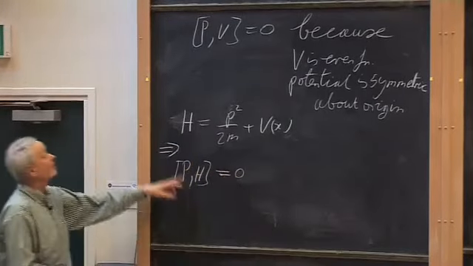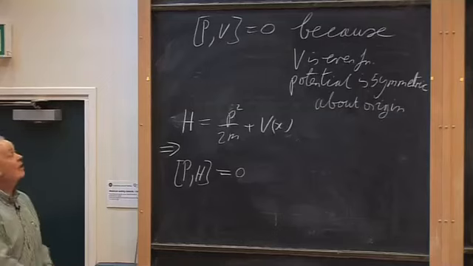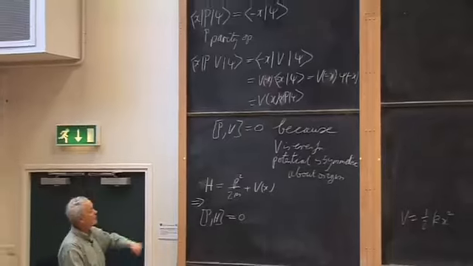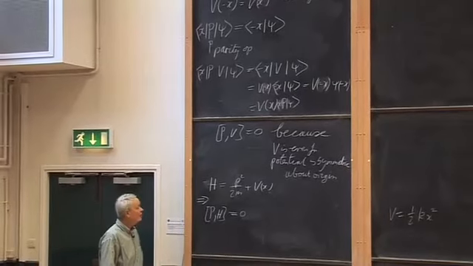So the parity operator commutes with the Hamiltonian, whose eigenstates, that is to say, the stationary states, we would like to find. So what does that imply?